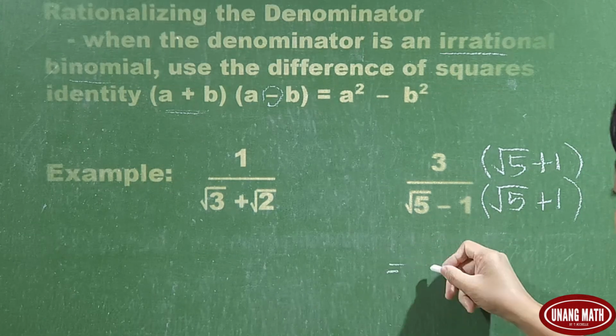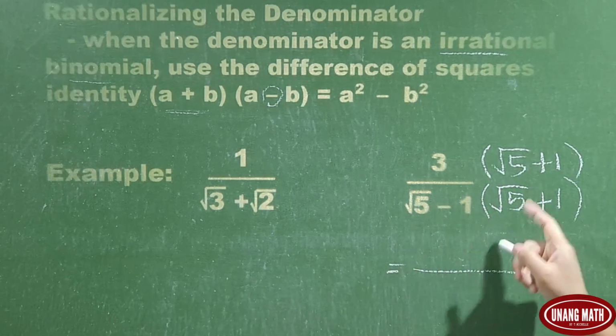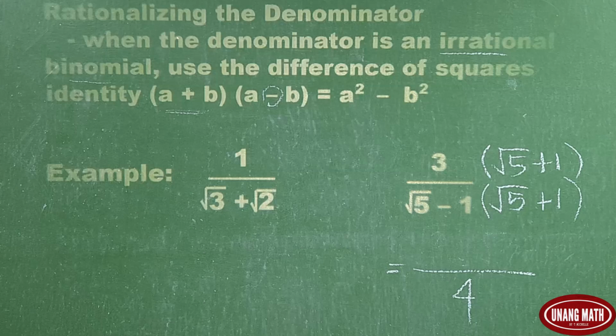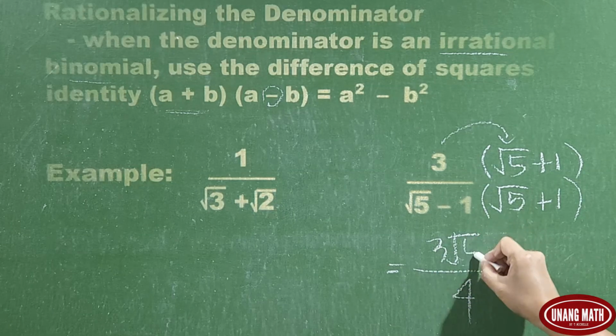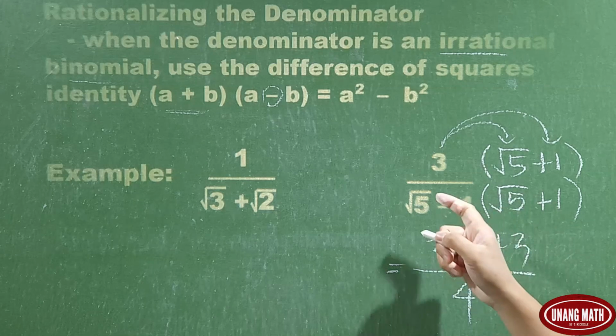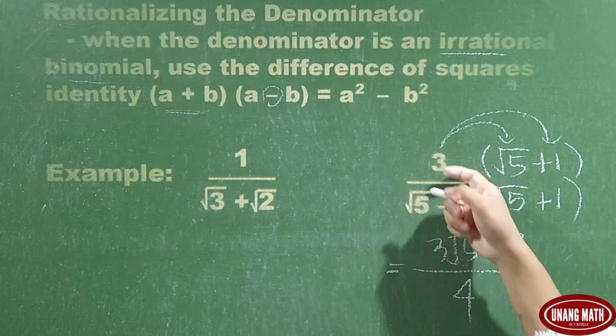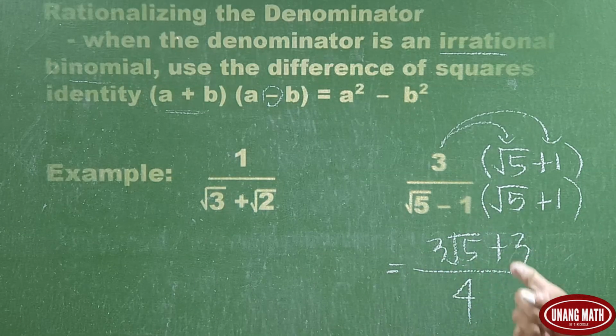Okay, so for our denominator, this is then 5 minus 1, which is 4. So this is now a rational number. Numerator then is 3 square root of 5 plus 3. So when we rationalize the denominator of this given fraction, we have here the result 3 square root of 5 plus 3 over 4.